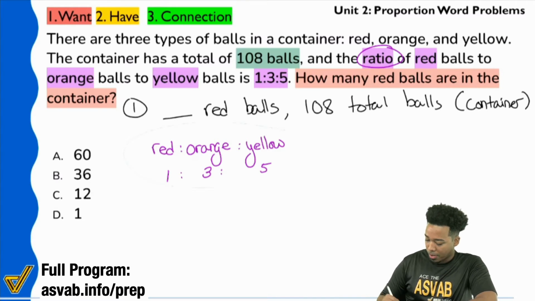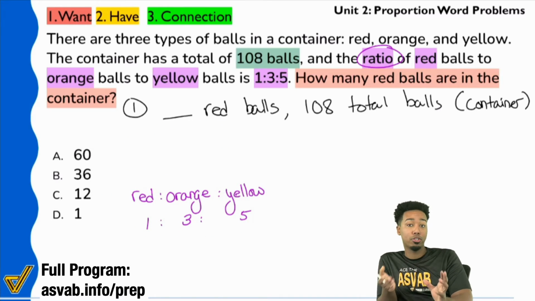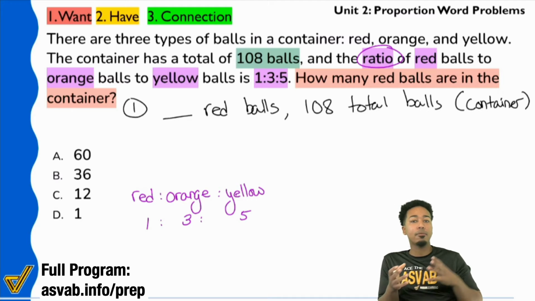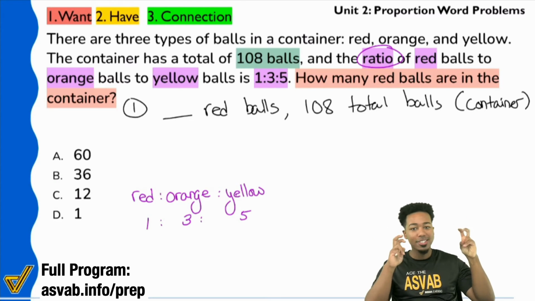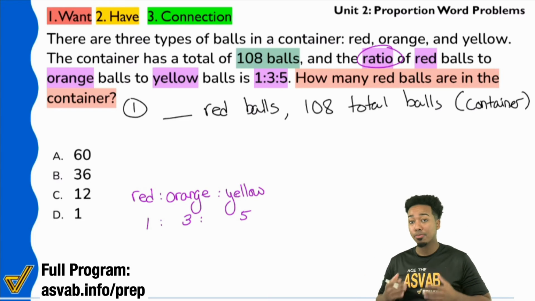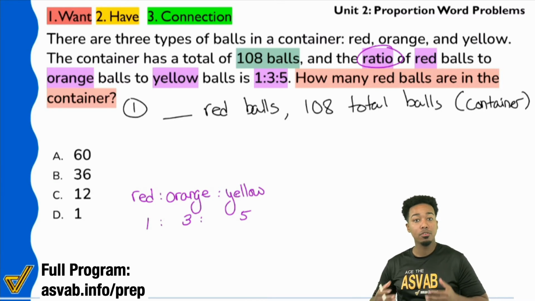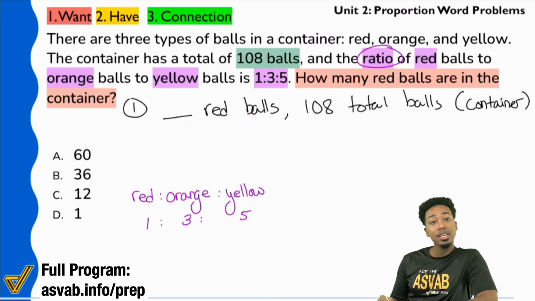So I am feeling pretty good about this problem, because if I want to set up this proportion to solve, remember that my key piece of advice, aside from compare the same things in the same way, my really big piece of advice is going to be to set the proportion up based off of what you're looking for. So what I'm saying is, hey, we are looking for the number of red balls, and that's been compared to 108 total.